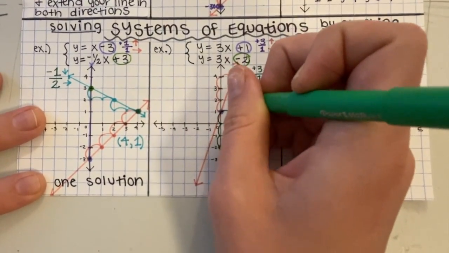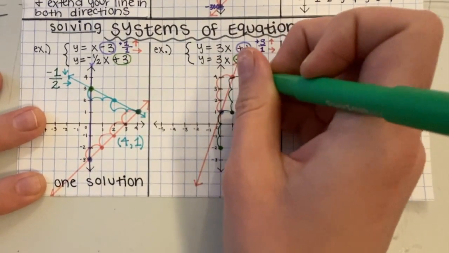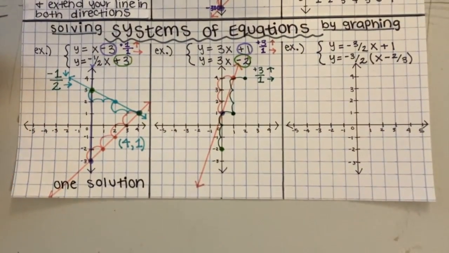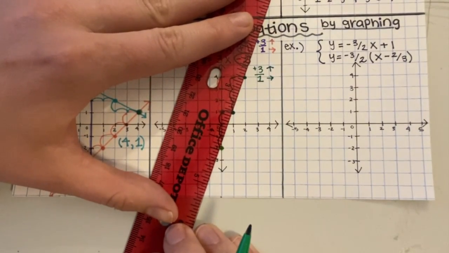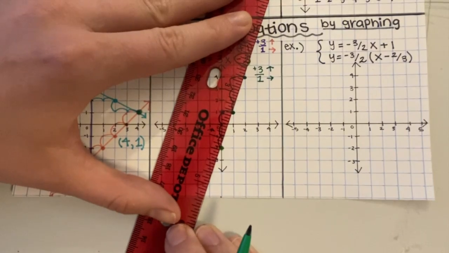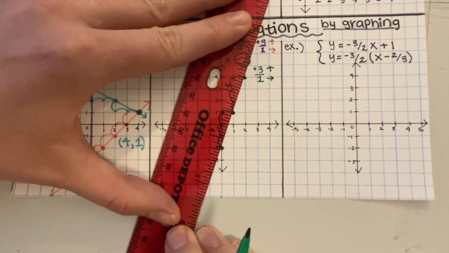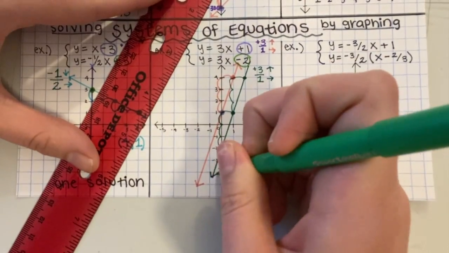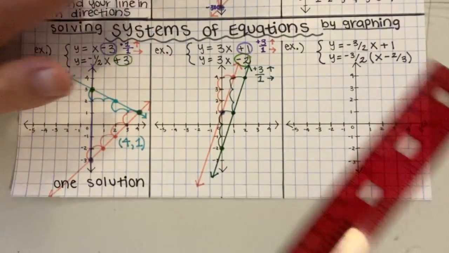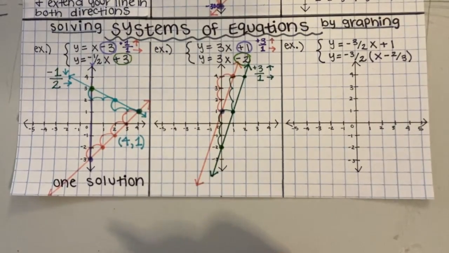I can fit a couple more dots than I could in the last one. And then I'm going to connect my coordinates. And I'm going to notice that I have parallel lines.